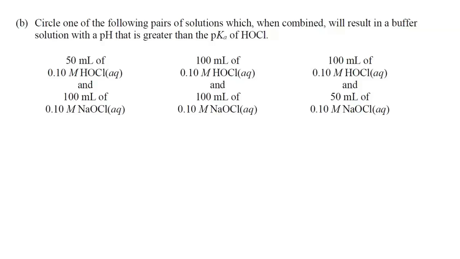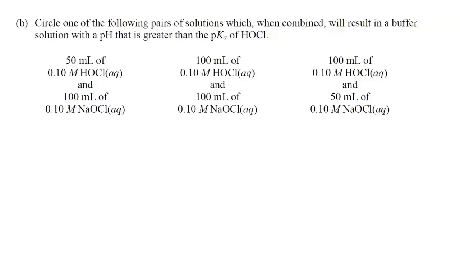So HOCl is a weak acid, that is hypochlorous acid, and in all three of these possible combinations of solutions, we're combining 0.10 molar hypochlorous acid, HOCl, with another solution that is also 0.10 molar, but that's NaOCl, or sodium hypochlorite. So we're combining the weak acid, HOCl, with its conjugate base, OCl-.